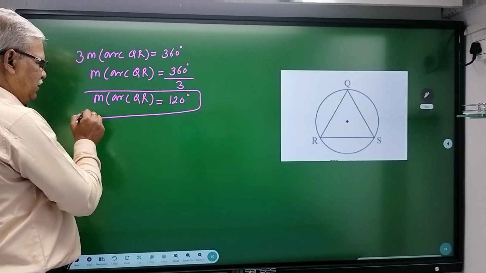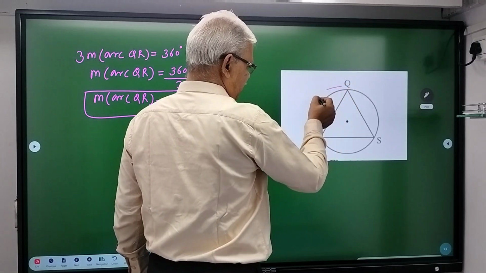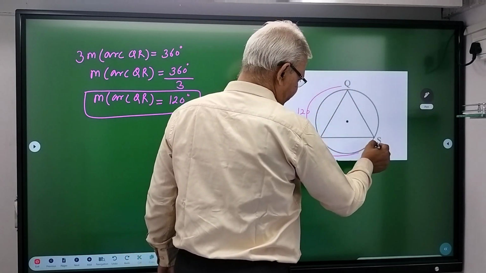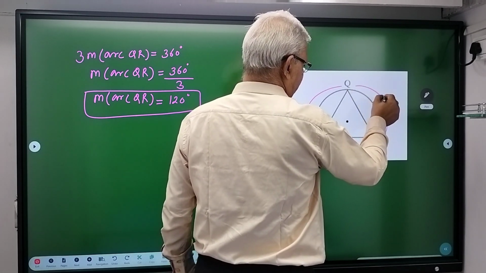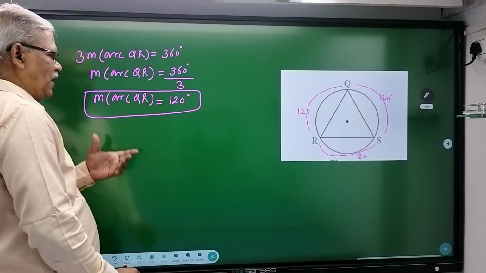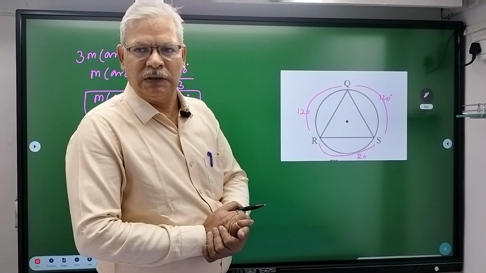Here we got the value of 1 arc. This will also be equal to 120 and this will also be equal to 120. Why? Because all the arcs are congruent.